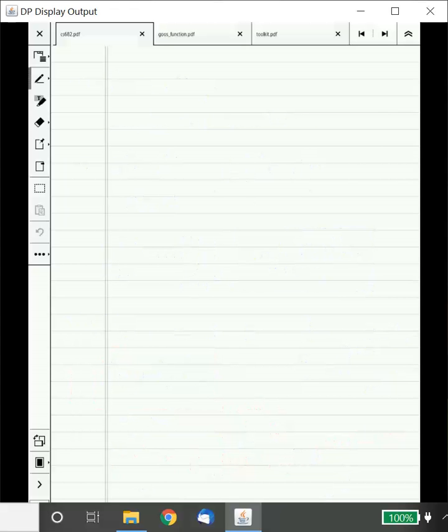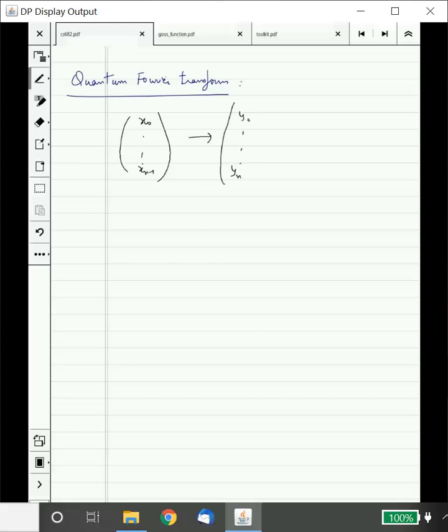Now, what is quantum Fourier transform? We know what discrete Fourier transform is. It takes a vector with n coordinates to a vector with n coordinates with the action that yk is 1 by root n times the summation of omega to the jk xj.